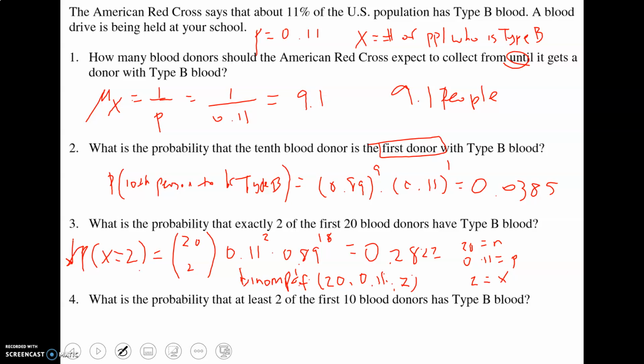Number 4, what is the probability that at least 2 of the first 10 blood donors have type B? So at least 2, right? At least 2 means that I want to know more than 2 people. So another way to look at this is 1 minus P of x being 0 minus P of x equal 1. So I want to subtract these two, then I'll find that, right? Or you can use binom CDF.